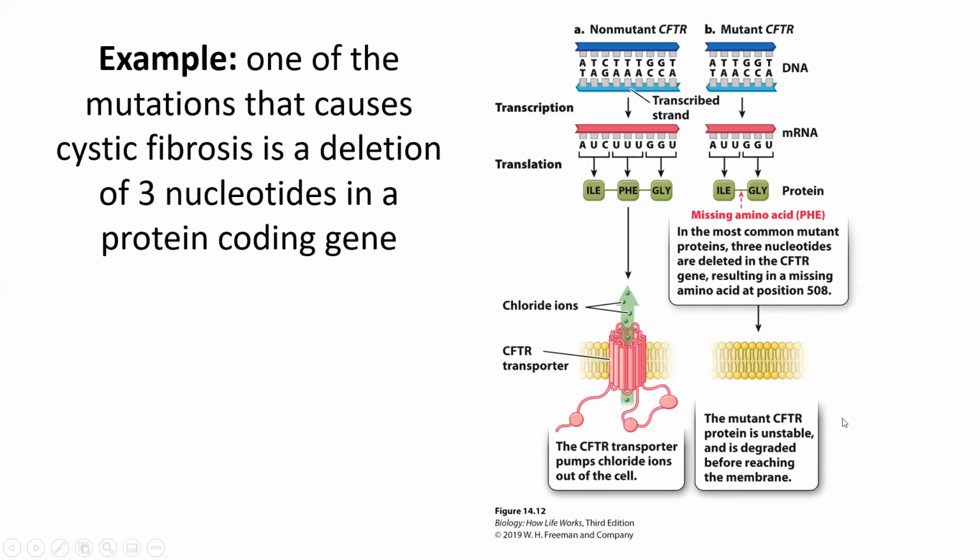As a result, the CFTR protein, which is a transporter that helps pump chloride ions out of the cell, is degraded. So it doesn't do its job, and it results in the condition known as cystic fibrosis, a respiratory condition where you often need a lung transplant later in life because it really disrupts your breathing.